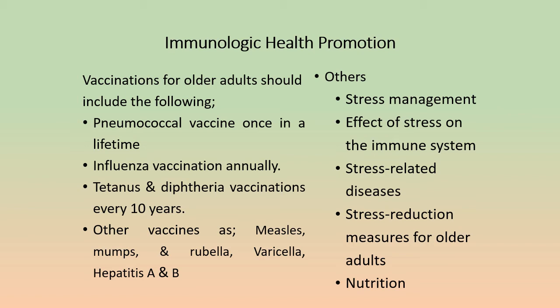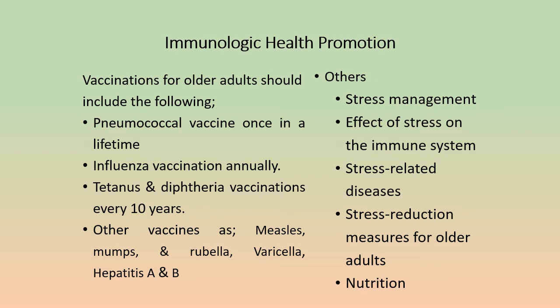Other factors related to health promotion when we talk about immunological function are stress management, and you should educate your older adult about how stressors can affect their immune system. There are stress-related diseases, such as various infections, for example, various fungal infections that can happen easily when a person is stressed.